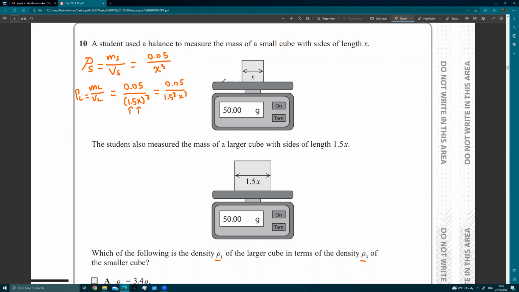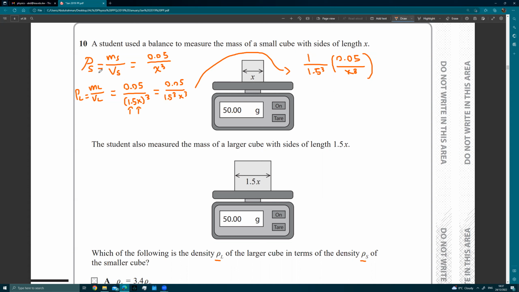And I'm going to write this in a slightly different format. This is the same as 1 over 1.5 cubed multiplied by 0.05 over x cubed. All I did was take the divide by 1.5 cubed outside. Good.